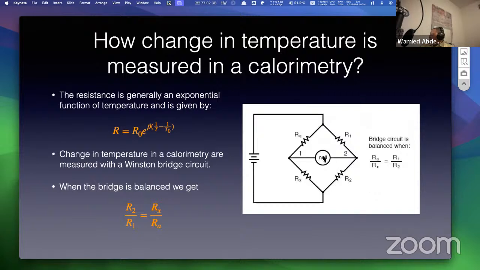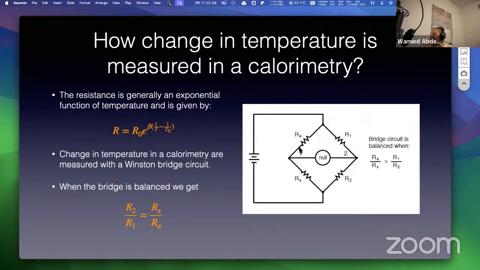When this bridge is balanced, the ratio of this resistance to this resistance equals the ratio of this resistance to this resistance. So imagine we design this, we put it in water, and then we play with this variable resistance, and at that value we can determine the resistance of A. These are known.